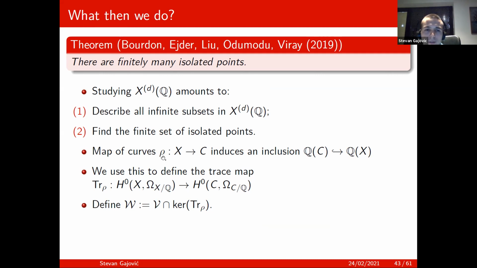If there is a map of curves that induces infinitely many points, then we need to impose a condition on differentials: we only consider differentials that have trace 0 with respect to this map, because then these differentials don't see the source curve C with infinitely many rational points. Then we use only differentials that have trace 0 to determine the finite set of isolated points. So that is the idea.